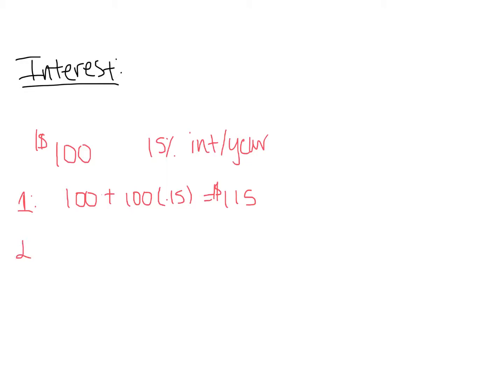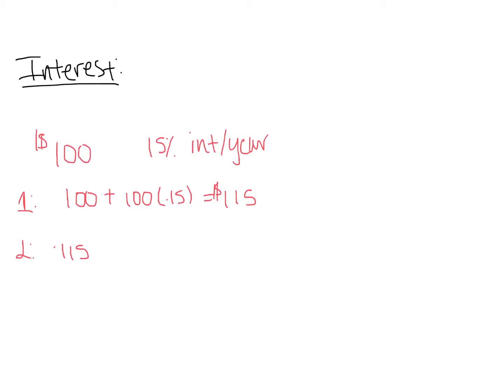All right, I want you to pause the video now, and I want you to go ahead and write in what will happen at the end of the second year. All right, hopefully that went well. Now consider at the beginning of the second year, you now have $115 in the bank, and they're going to add on 15% of that.